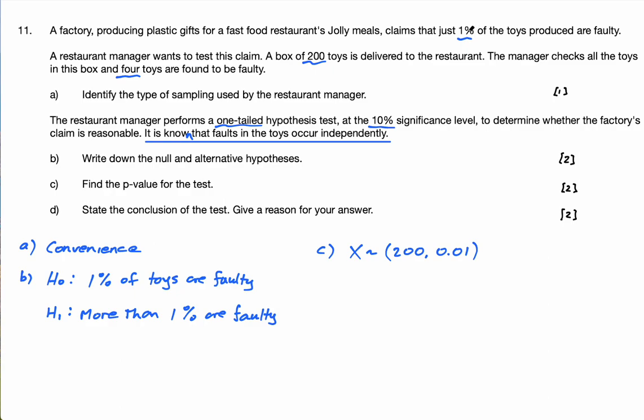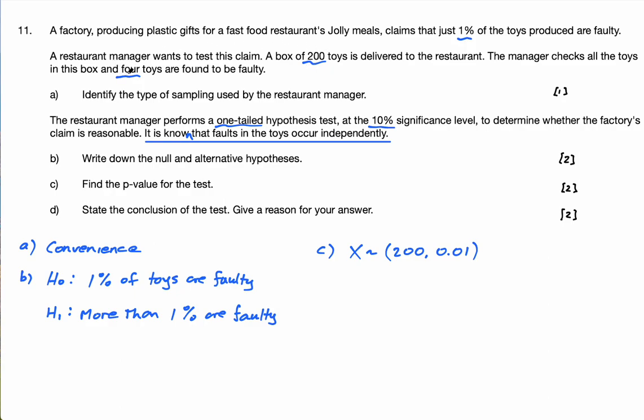If he's saying that 1% are faulty and there's 200 toys, what is a reasonable number of toys to be faulty? For example, if I said to you 100 of these 200 toys were faulty, is this claim true? Most certainly not. You can't have 1% faulty, yet 100 out of 200 toys are faulty. Something's seriously wrong. So we want to look at what's actually a reasonable number.